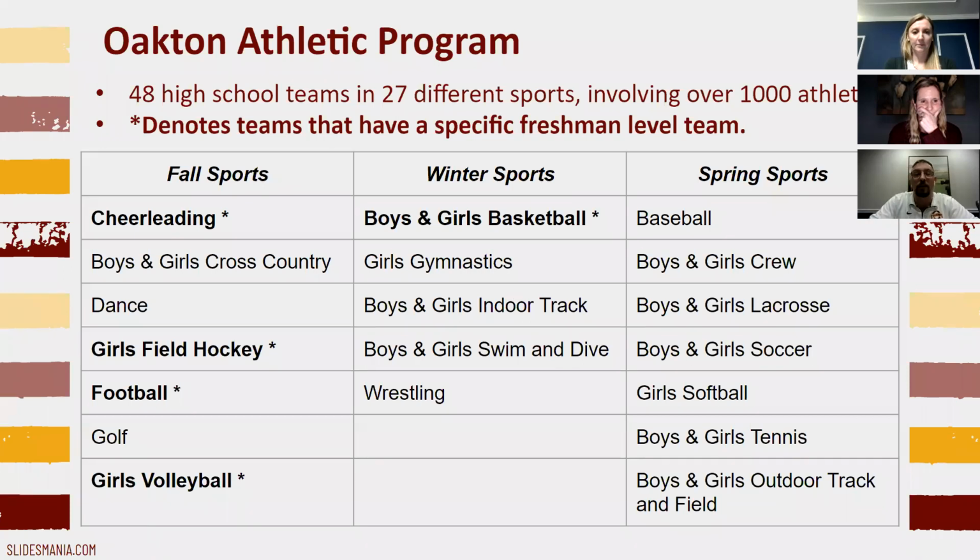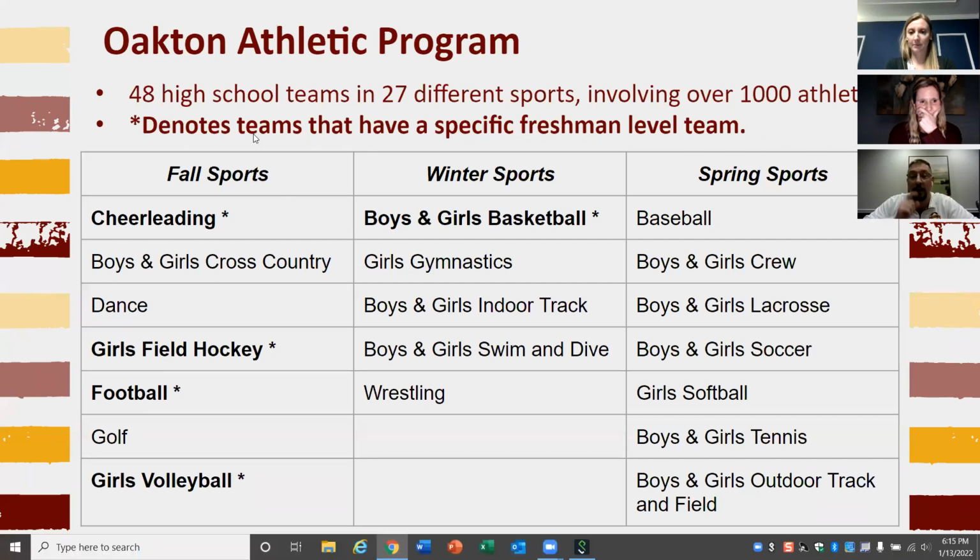All right, so our athletic program has 27 different sports with 48 different teams at different levels. Over 1,000 athletes participate in athletics at Oakton High School for the year. A variety of sports offer freshman only programs, and those are highlighted in bold with asterisks.